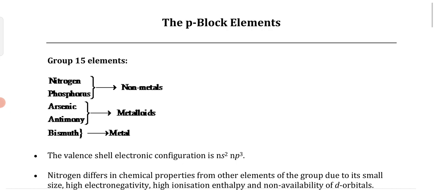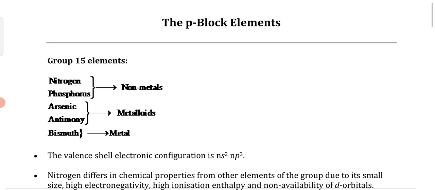And metallic character means the tendency to lose electrons. So if the force of attraction between the nucleus and the valence electron becomes lower, it can easily remove this electron and show the metallic property.